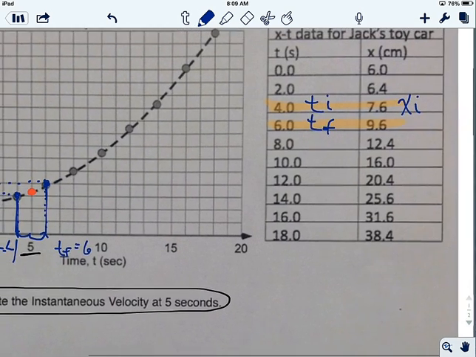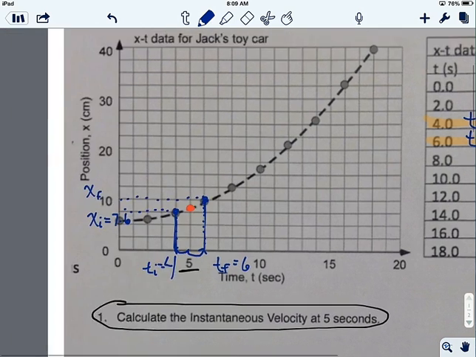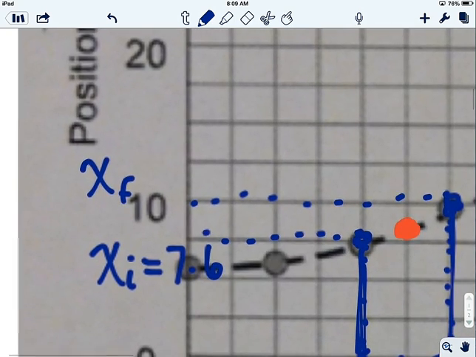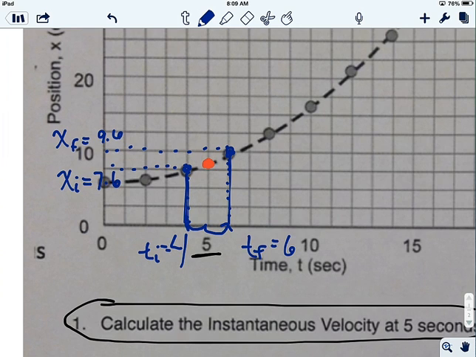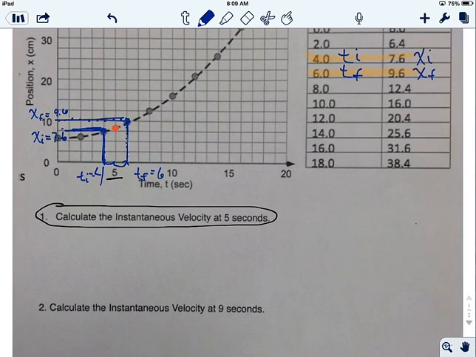And then my final position, Xf, is 9.6. Okay, let's make these lines look a little bit better. 7.6, 9.6, good.